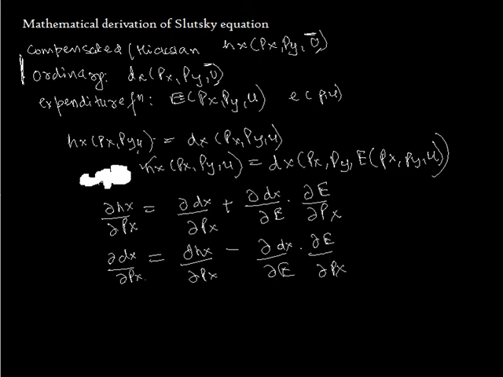Now try to see these two terms, that is important. Del Hx by del Px: what exactly is this? Hx is the compensated demand curve and we are just finding the slope of this curve, the slope of your Hicksian or compensated demand curve.